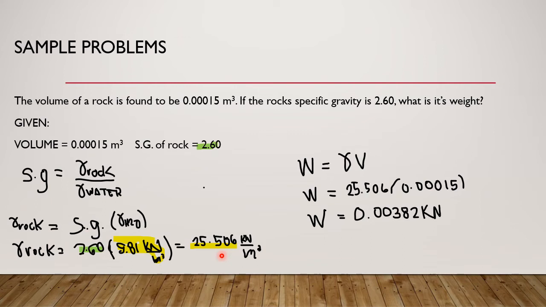Ayun na po yung gamma ng rock na solve natin kanina times the volume. Ganun lang kasimple. Magkakaroon tayo ng W to be 0.00382 kilonewton. Bakit kilonewton? Makakancel yung cubic meter. No? So that will be our solution.